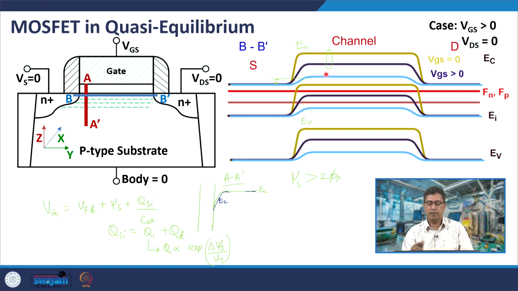Otherwise, you would have a larger difference between the source and channel conduction bands, and the thermionic injection of electrons from source into the channel would be much smaller, because few carriers would have that energy.